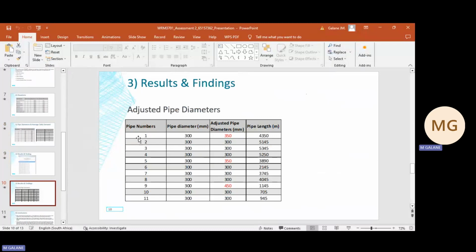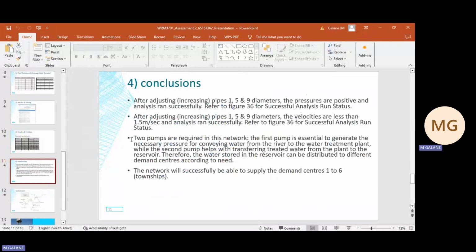Pipe number 1 was adjusted from 300 diameter to 350, pipe number 5 from 300 to 350, and pipe number 9 from 300 to 450. And afterwards, the results came out positive.